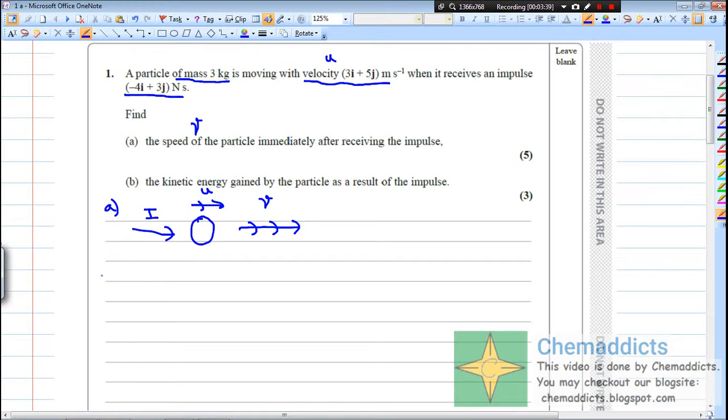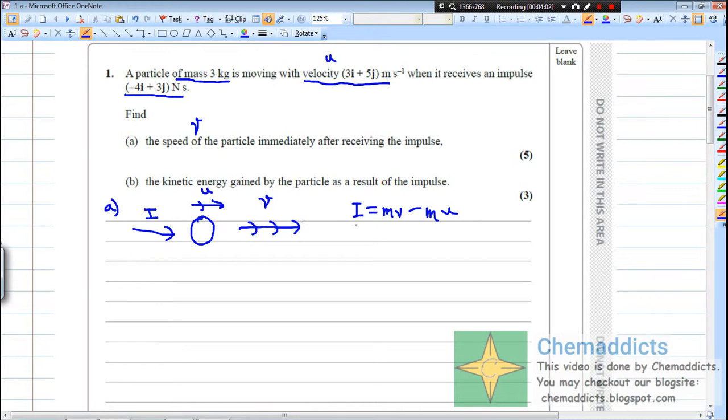At first let us recall the equation of impulse. The equation for impulse is I equals mv minus mu. This is the equation that we're gonna use in this question.